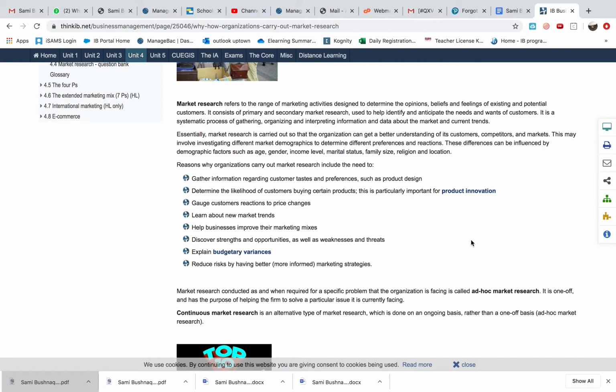We gather information regarding customers' tastes and preferences so that we can do things like product design. We can determine the likelihood of customers buying certain types of products, and that's really important for product innovation. You can gauge the customer's reaction to price changes to see if you can raise or need to lower your prices, and if it increases sales either way.